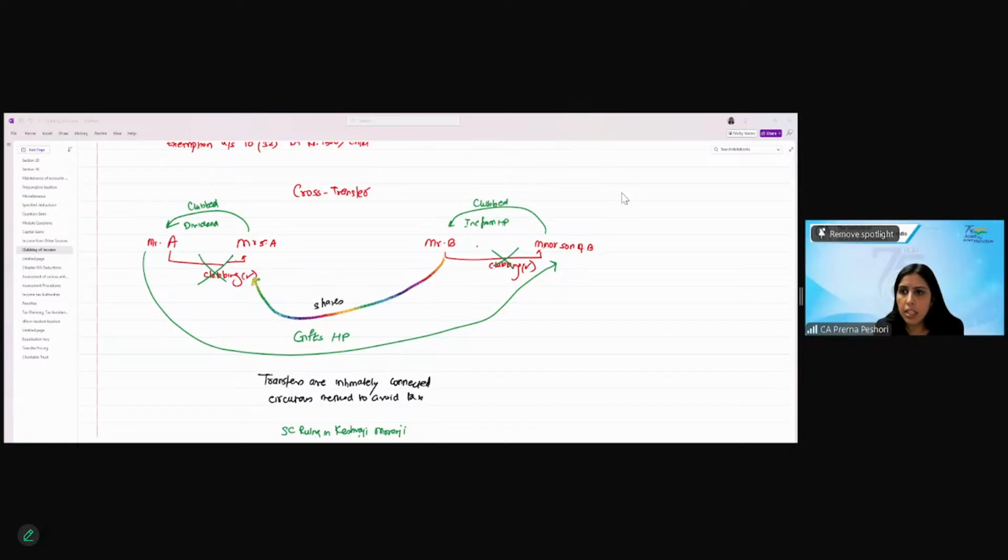Sorry, technical glitch. Yeah. So let's say, for example, we are looking at the cross transfer.